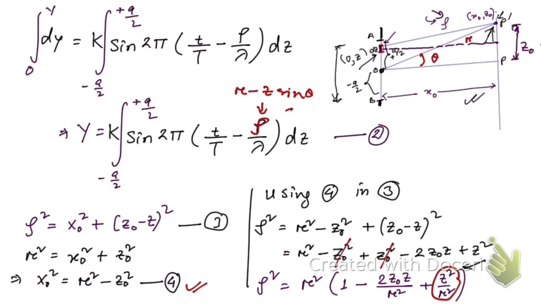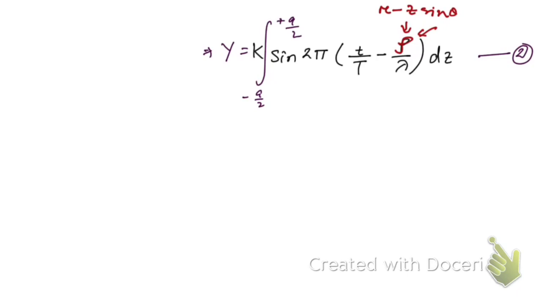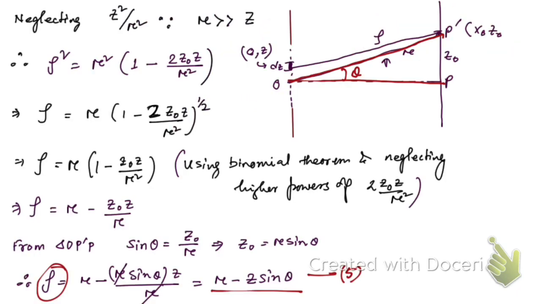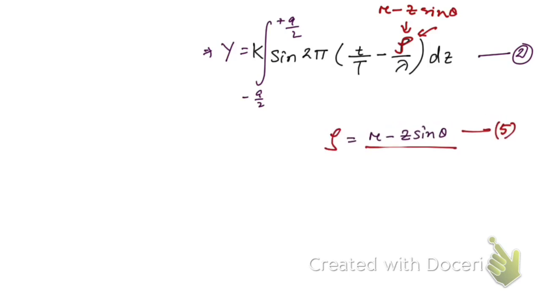So let me copy this equation number 2, and now let me take a new slide. This is equation number 2 and here is equation number 5, which is equal to rho.